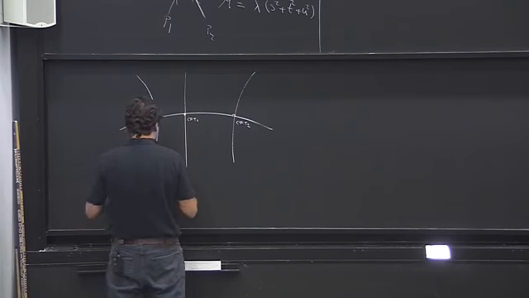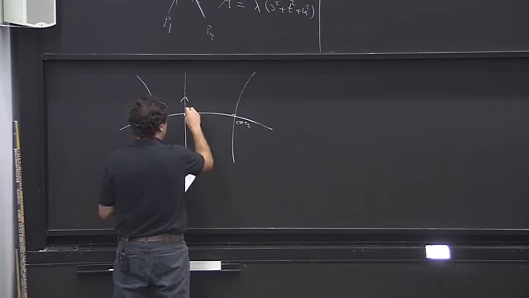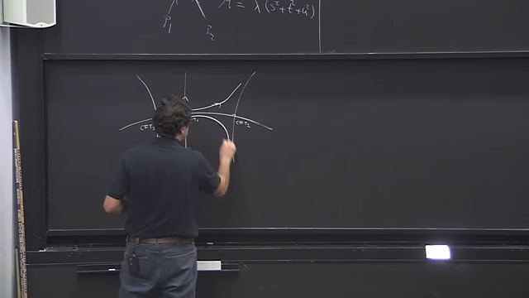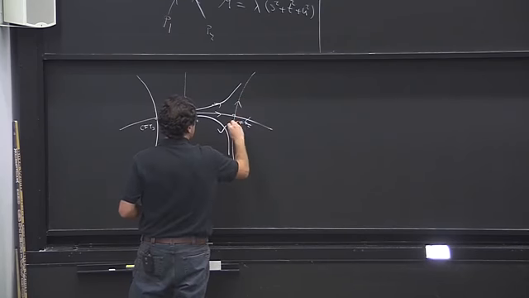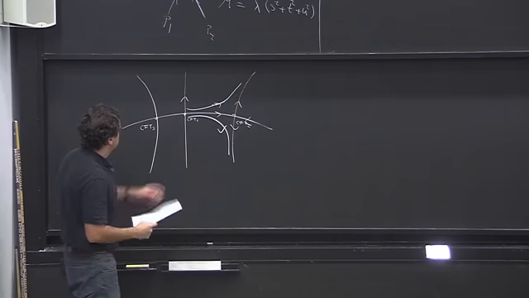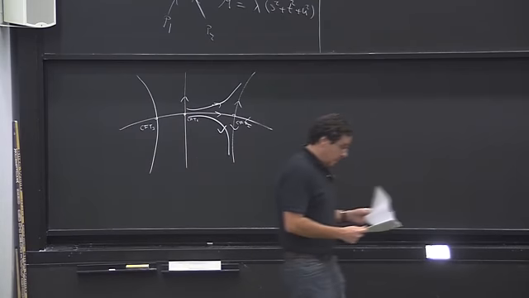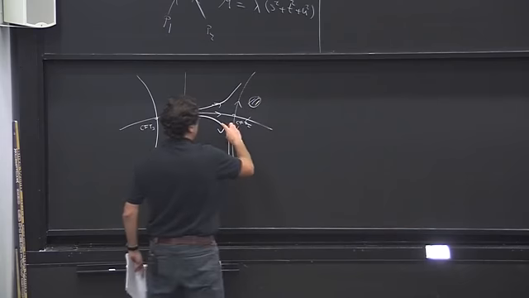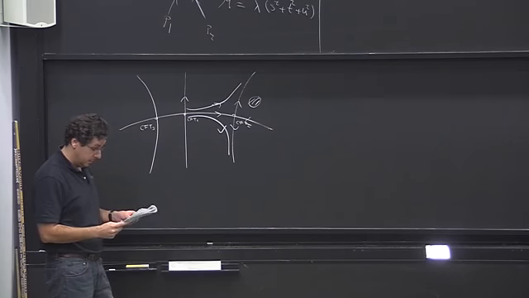And you have nice flows between them that are controlled by turning on some relevant operator. And that allows us to go from one fixed point to another. Okay? And again, any field theory here can be thought of as a perturbation away from a conformal field theory by turning on some operator in the conformal field theory.